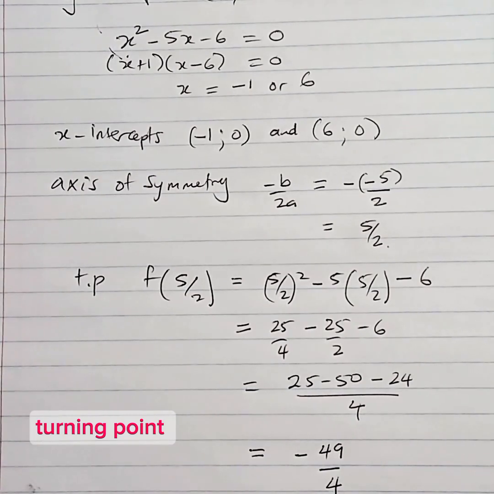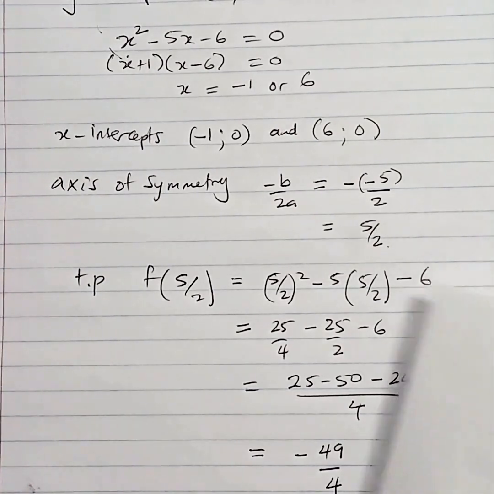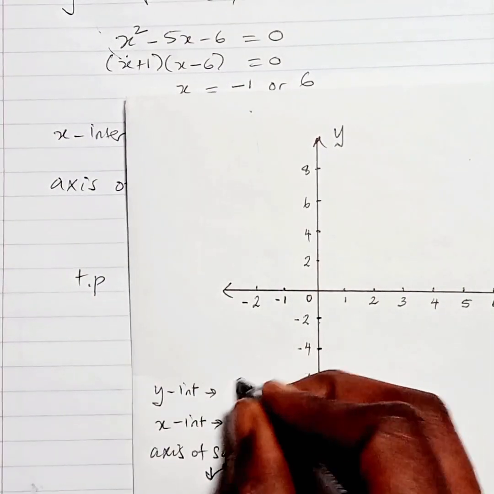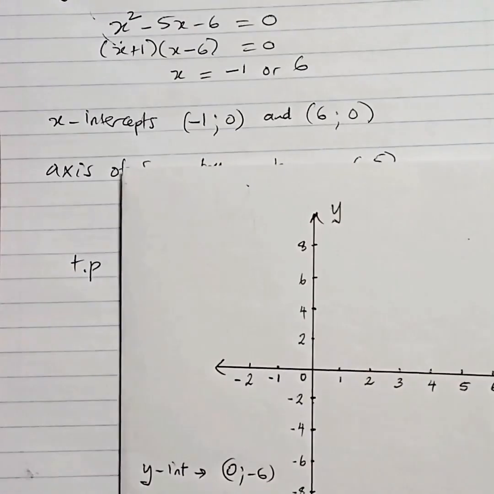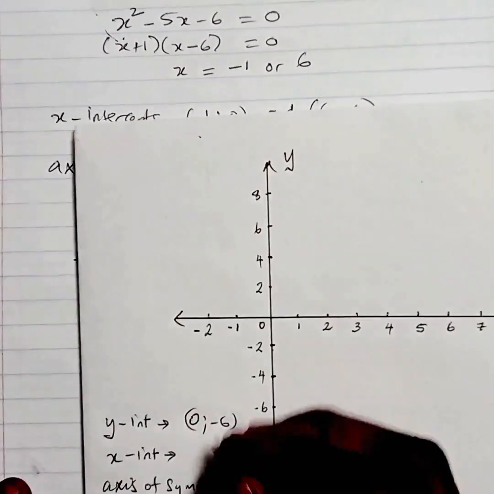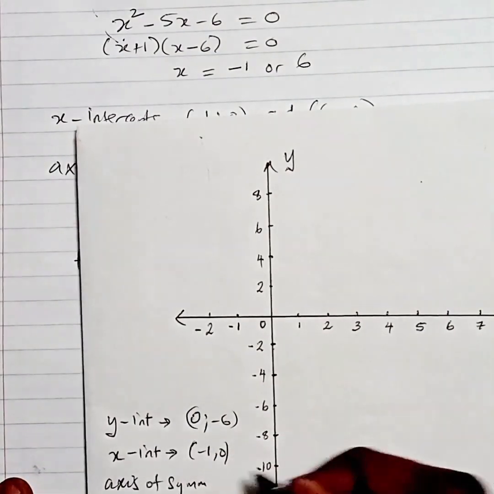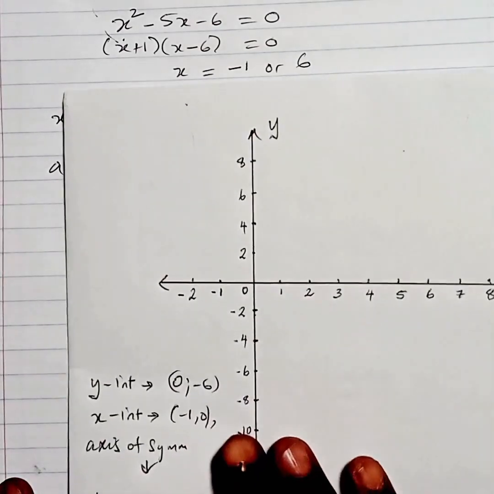Now we need to get our hands dirty. Now we need to sketch that graph there. Okay, I've already prepared a grid that I will use for that. Just need to list down the important things that we need in this page. So the y-intercept is (0, -6), so I just write it down here. The x-intercepts are (-1, 0) and we've got the other one is, oh, it's now crumpled here.